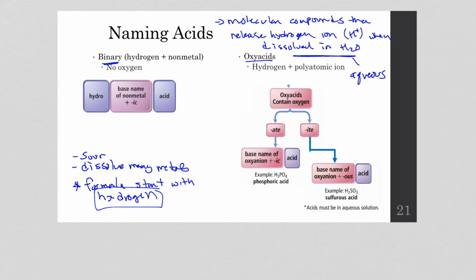Now, most of the time, that oxygen is going to be in the same sort of structure as one of our oxygen-containing polyatomic ions. So that can help us recognize that they typically contain one of these oxygen-containing ions.